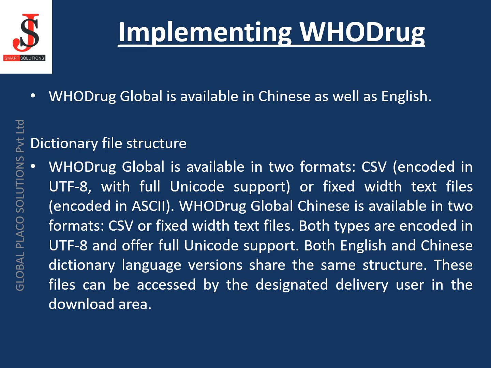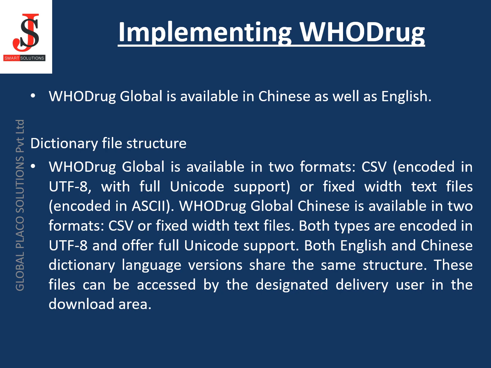So how do you implement WHO Drug Global? WHO Drug Global is available both in Chinese as well as English. I already mentioned the file structure: it is available in CSV and fixed-width text files, both in the UTF-8 format.